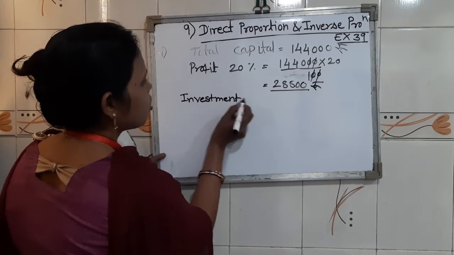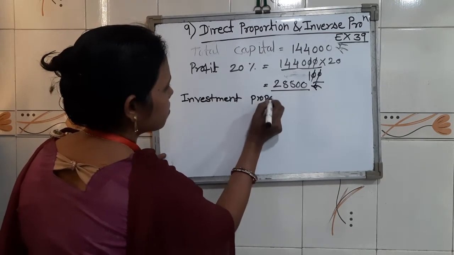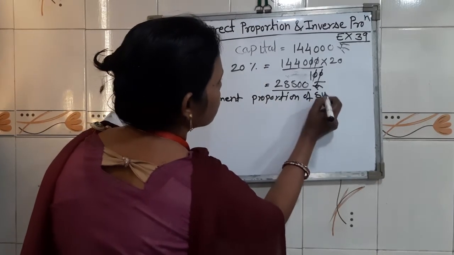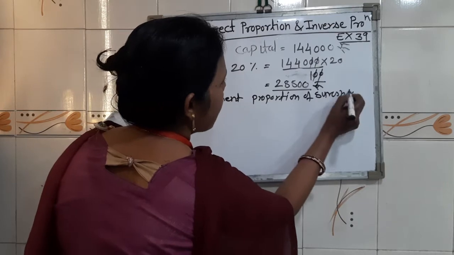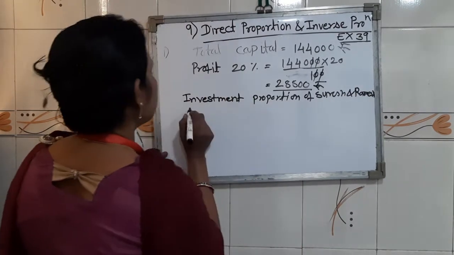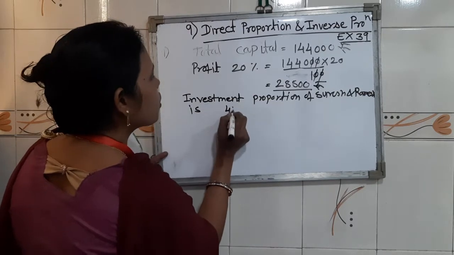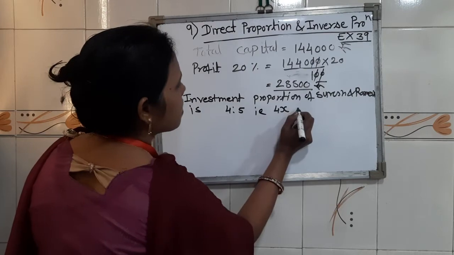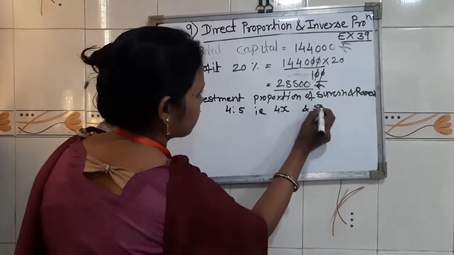Now here their investment proportion is 4:5. Investment proportion of Suresh and Ramesh is 4:5. That is 4x and 5x.